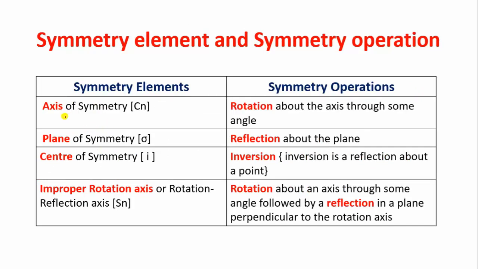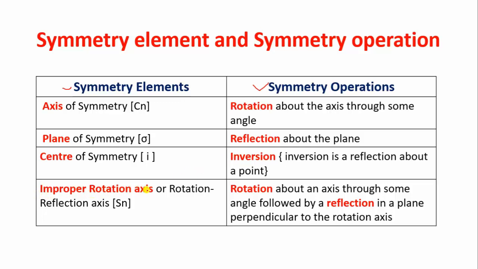These are the different types of symmetry elements and different types of symmetry operations. Axis of symmetry can be understood by rotation about the axis through some angle, and plane of symmetry by reflection about the plane. Center of symmetry can be understood by inversion.